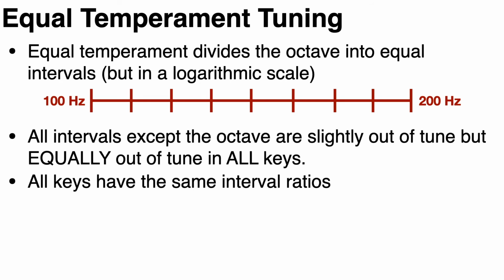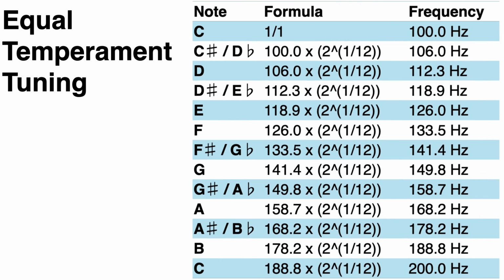But it presented the benefit of having a tuning system where all the keys are equally out of tune. So you could now modulate to any other key and it would have the exact same interval ratios as every other key and thus sound relatively the same. So with equal temperament, we no longer have a reference key that sounds particularly consonant and in tune, with keys further away gradually becoming more out of tune.